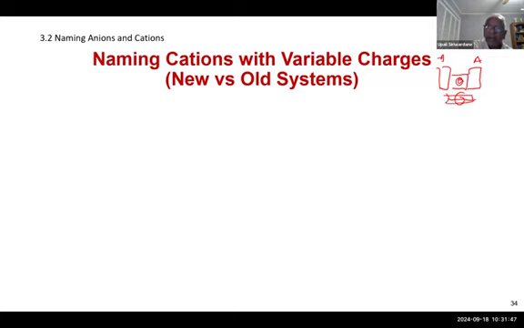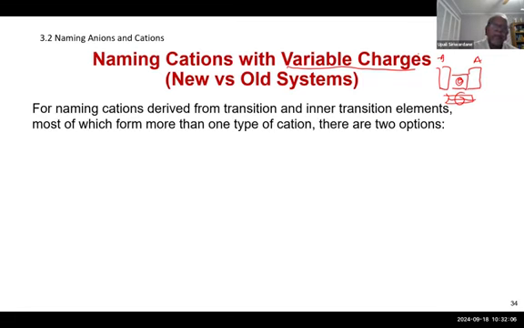Transition metals have variable charges. That means more than one. So naming is kind of complicated, because I'm going to show you how you name transition metals and lanthanide and actinide. Naming cations, like transition metal, inner transition, lanthanide and actinide, they form more than one type of cation.